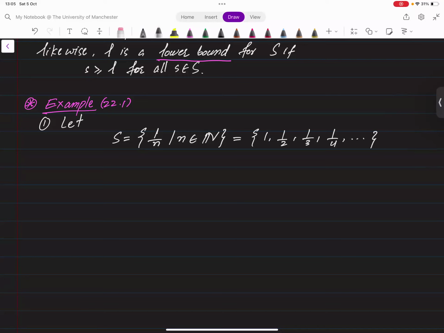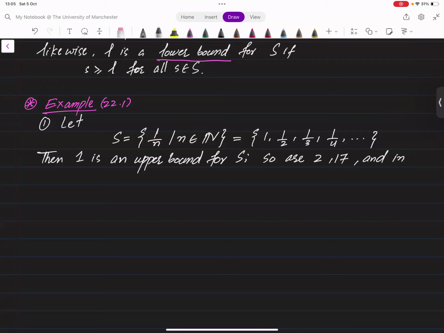Then, as simple as 1 is an upper bound for the set S. So are 2, 17, and indeed any number that is at least 1.